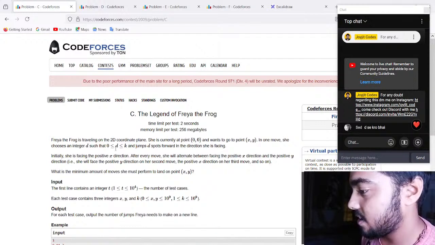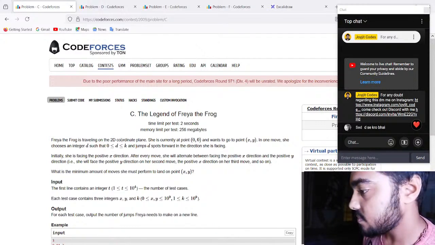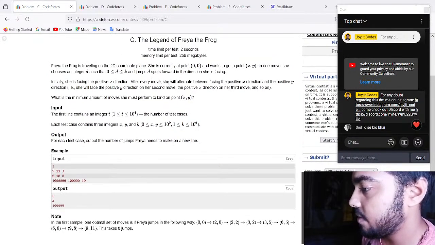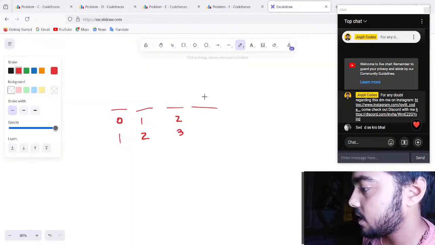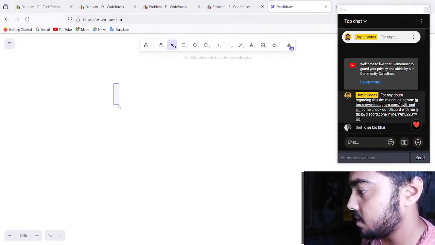So Freya the Frog is traveling on the 2D coordinate. She is currently at position 0, and she wants to go to position XY. In every move, she alternates between facing the positive X direction and the positive Y direction.